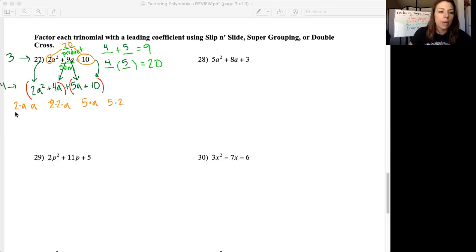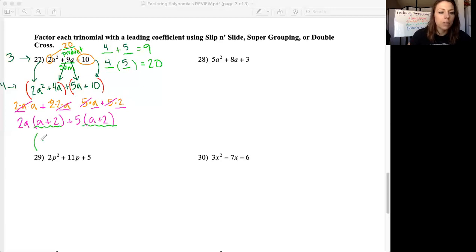So what do they have in common? In the first binomial, they have 2a in common. So when I factor out 2a, that leaves me with a plus 2. There's a plus sign here, I forgot. And then over here, they have 5 in common. That's a positive 5. And when I factor that out, I'm left with a plus 2. My common binomial factor here is a plus 2.